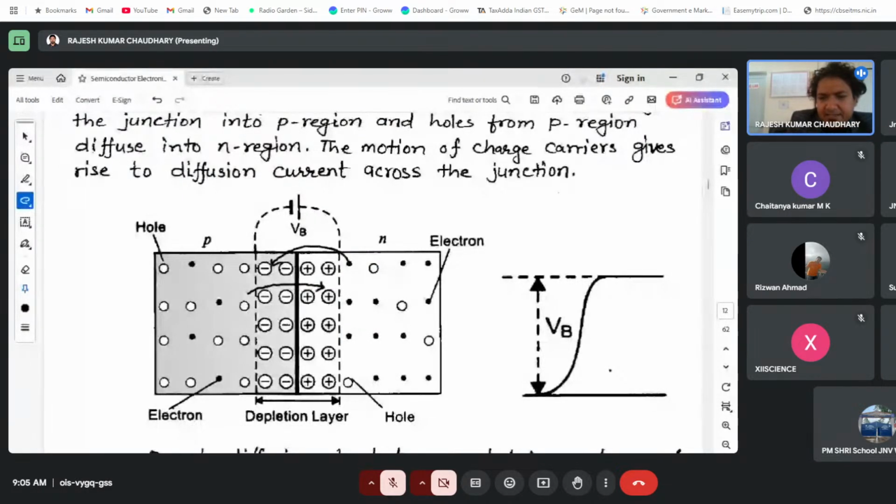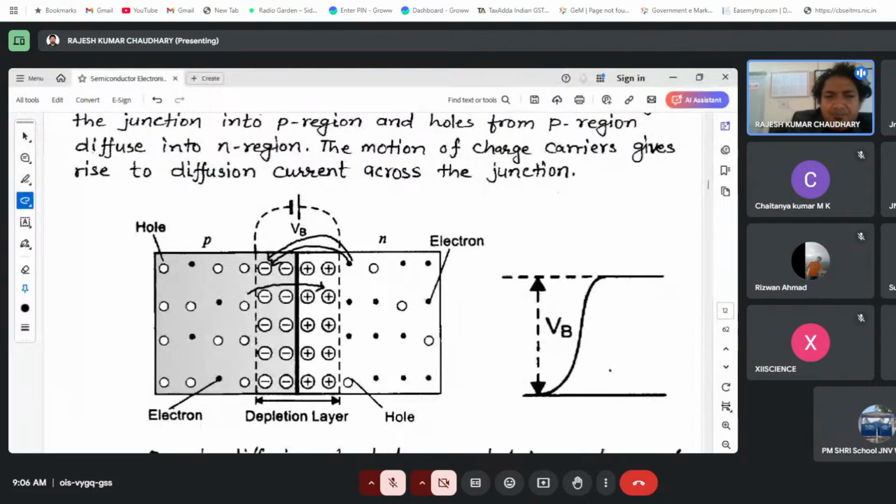So when we connect p-type semiconductor and n-type semiconductor together, what will happen? Electrons, that means majority charge carriers from the n-type semiconductor, will be moving towards the p-type semiconductor. Or you can say that electrons will be jumping from n-type to p-type.